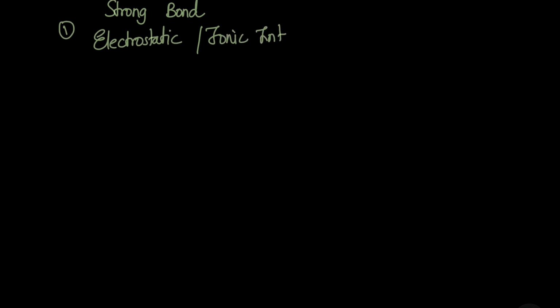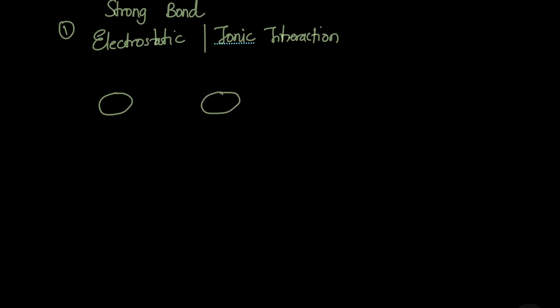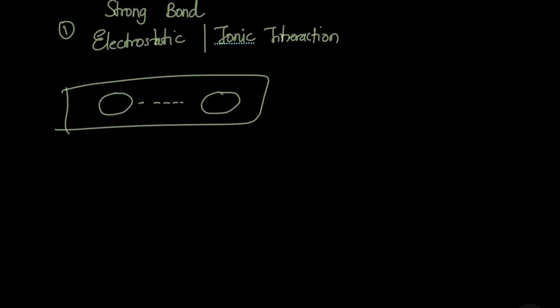First one is electrostatic or ionic interaction. Interaction between the charged groups helps the biomolecule to get a structure.